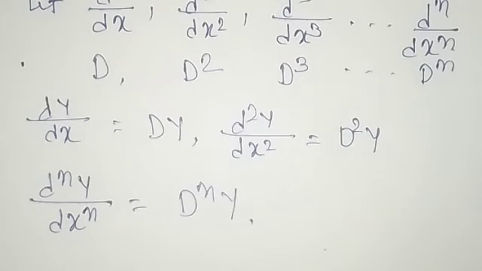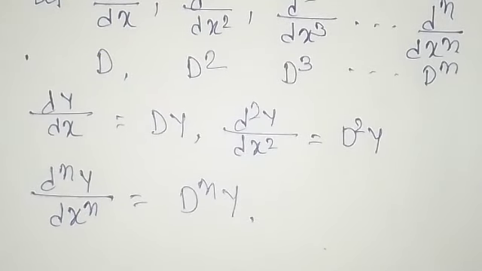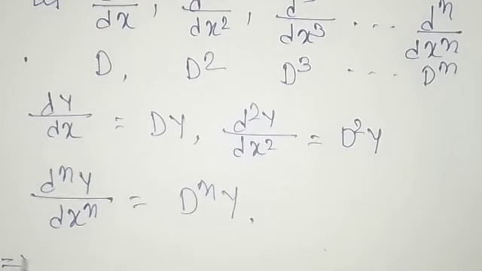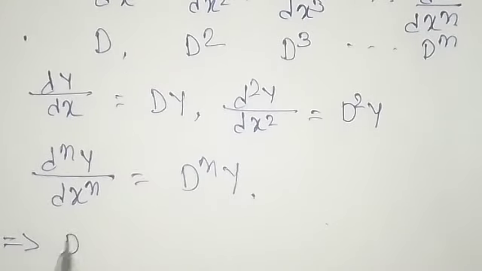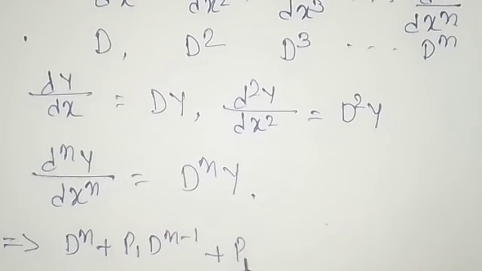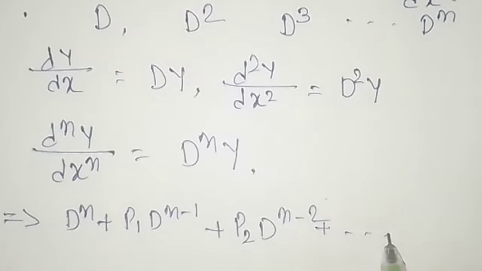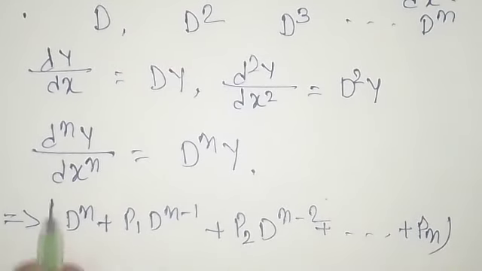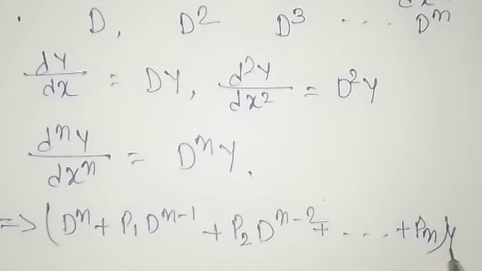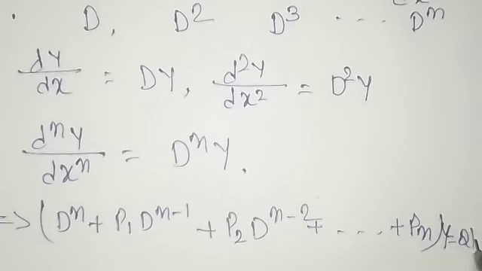You can remember these operators. So the differential equation of order n, the equation we saw at the start, d to the power n y by dx to the power n plus p1 d to the power n minus 1 y by dx to the power n minus 1 plus p2 d to the power n minus 2 y by dx to the power n minus 2, can be written as D to the power n plus p1 D to the power n minus 1 plus p2 D to the power n minus 2 plus so on, plus pn, into y is equal to q of x.